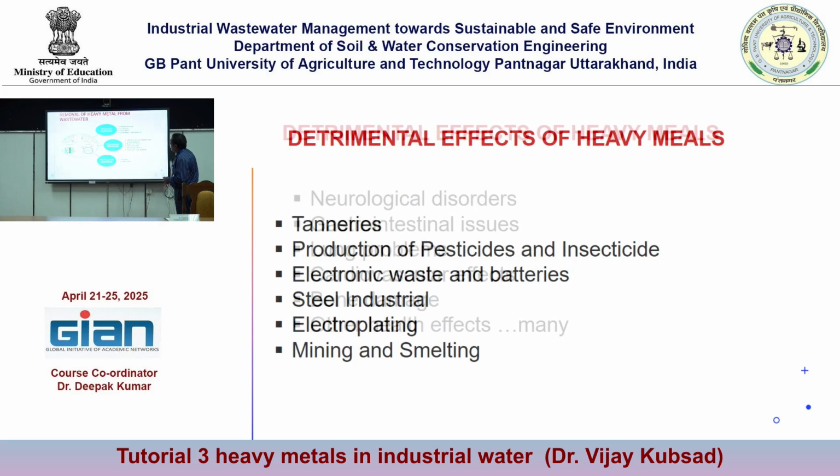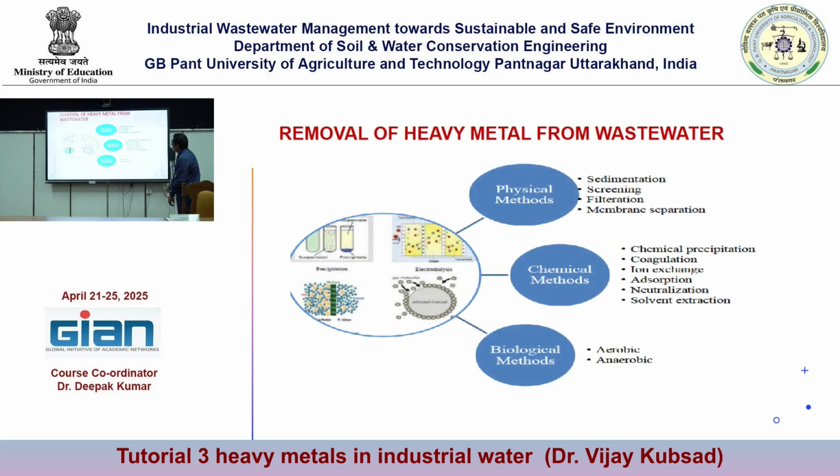This we saw. Okay, removal of heavy metals from the wastewater, right? So we'll just go one step ahead and see what are the possible methods to remove heavy metals.